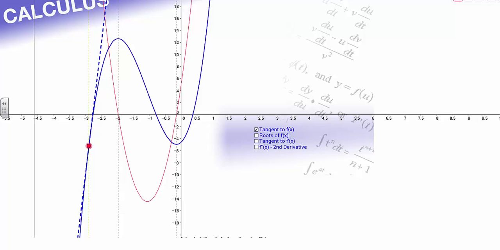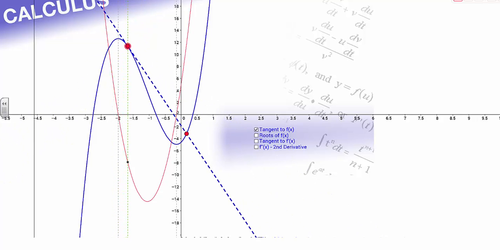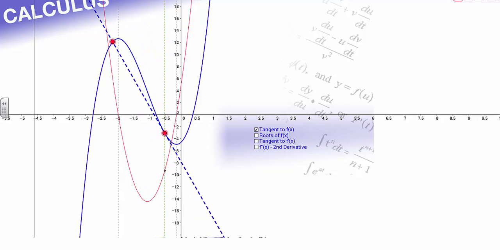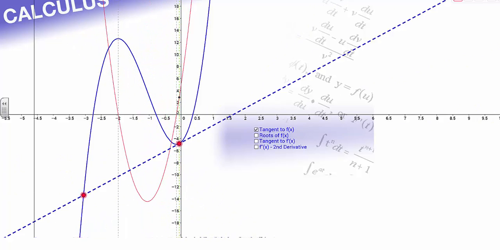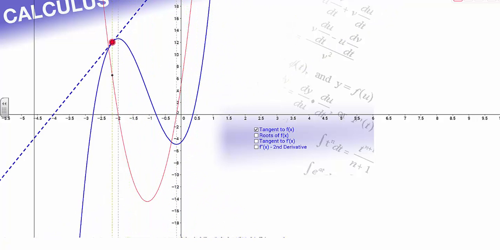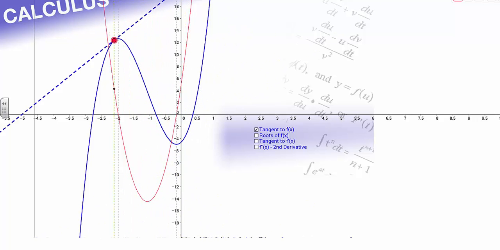And we can see that the tangent is sloped positively. The graph is increasing. My original function, we hit 0, and then the graph starts decreasing. The graph continues to decrease until we hit 0, and then the graph increases. So we know that the gradient in this middle part is negative, and in the end part it's positive.